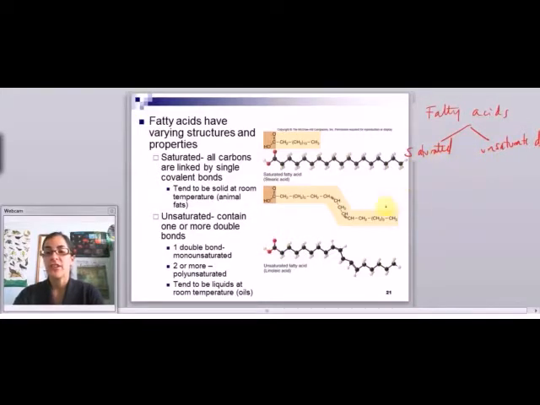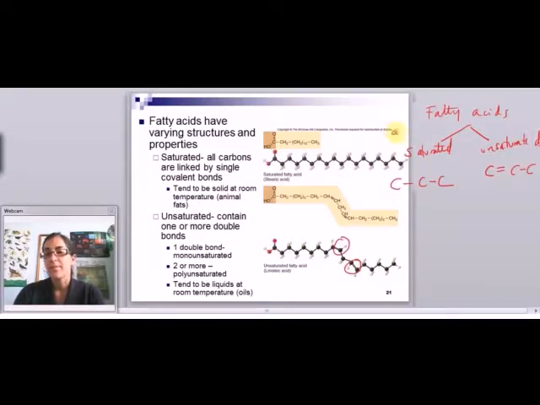Saturated fats have all single carbon bonds. Up here is an example of a saturated fatty acid, and you can see these black dots are carbon, and each one of these is a single bond. Unsaturated fatty acids have some double bonds. In this example of an unsaturated fatty acid, we can see a double bond here and a double bond here.